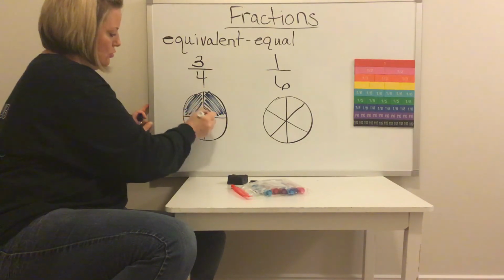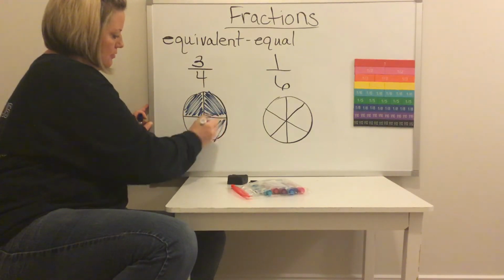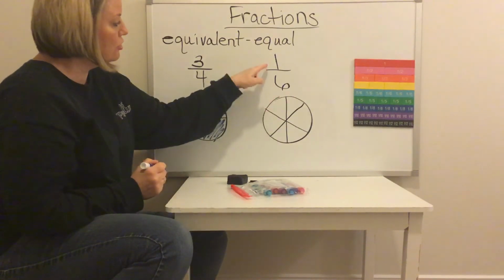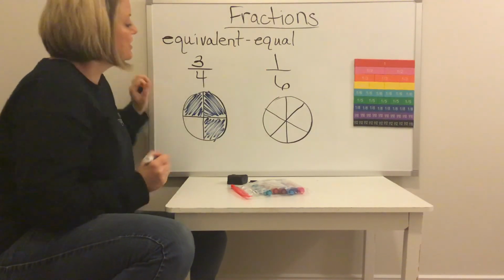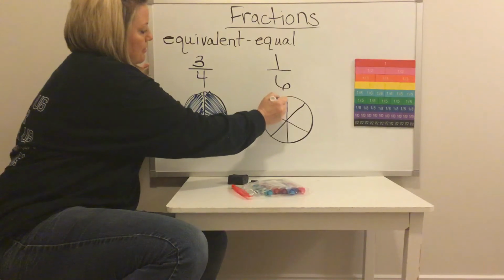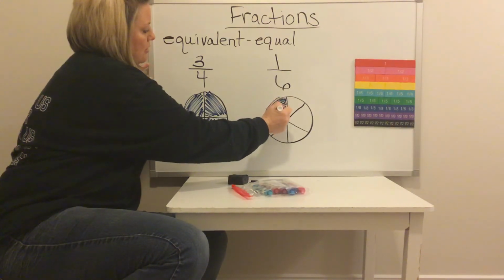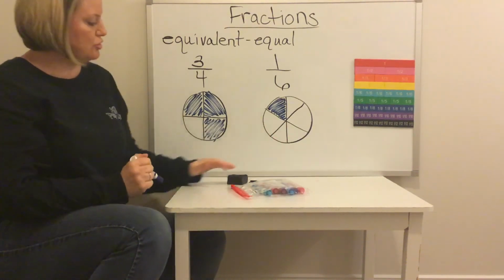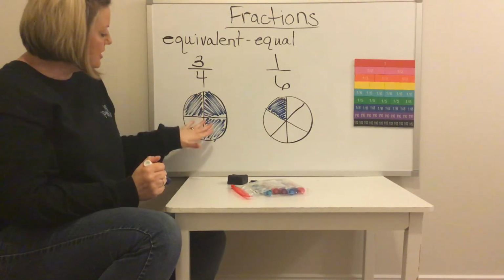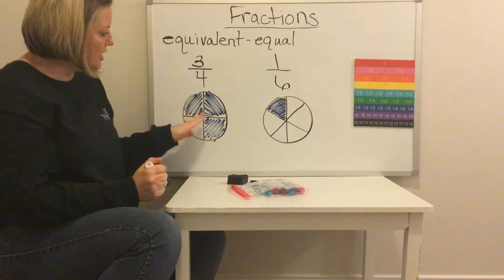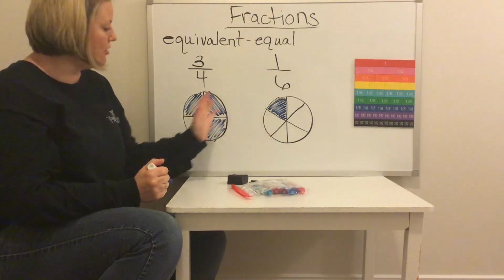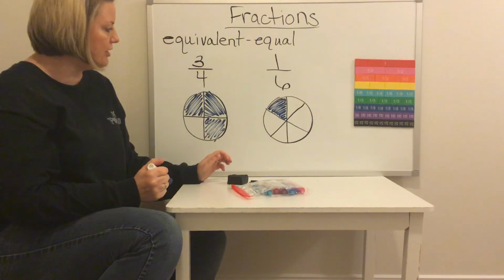1, 2, 3. And then over here, you would only shade in 1 of the 6 pieces. And then use those pictures to help you compare. Is the amount that you shaded in over here equivalent to the amount you shaded in over here? Are they the same amount of shaded area?